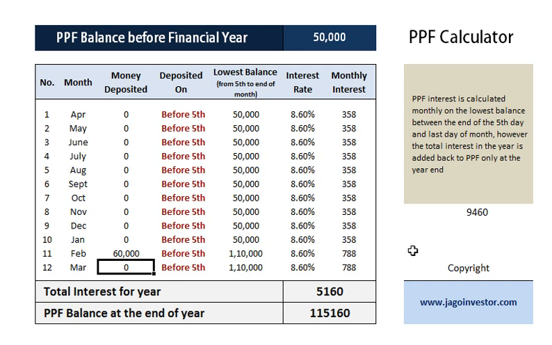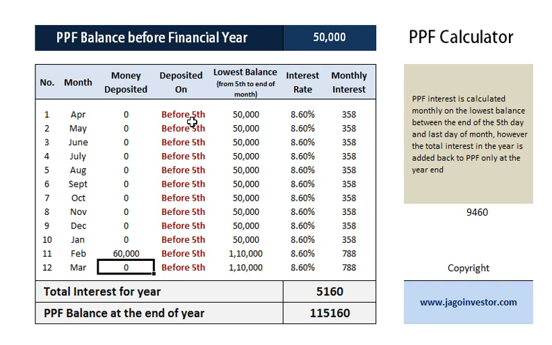Say you do it in February, and for the initial months of April, May, June, July and all these months, because you had an initial balance of 50,000 rupees, your lowest balance from the 5th to the end of the month will be just 50,000 rupees, and your monthly interest would be 358 rupees.